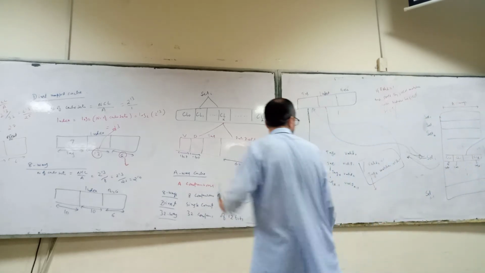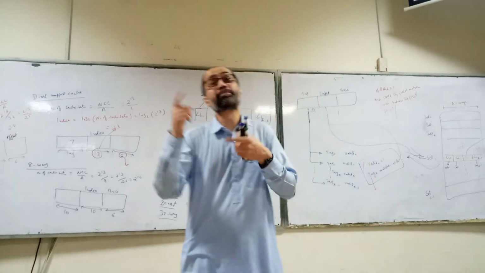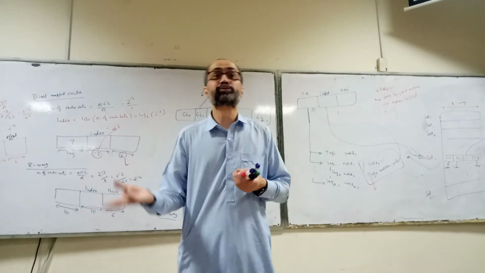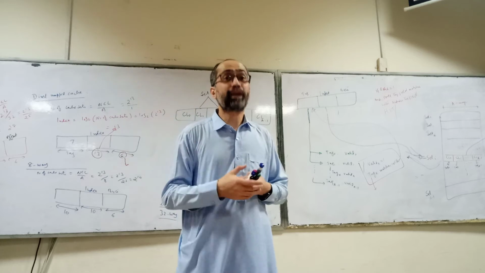So which line will be evicted is based on the replacement policy. And there are different replacement policies: first in first out, least recently used, and least frequently used. We will study these policies in more detail later on.